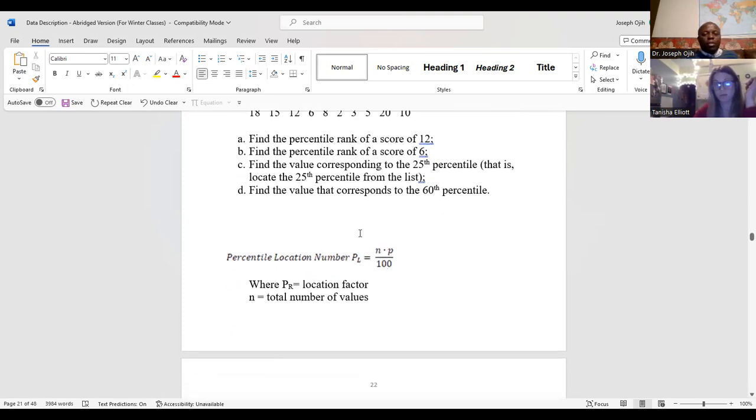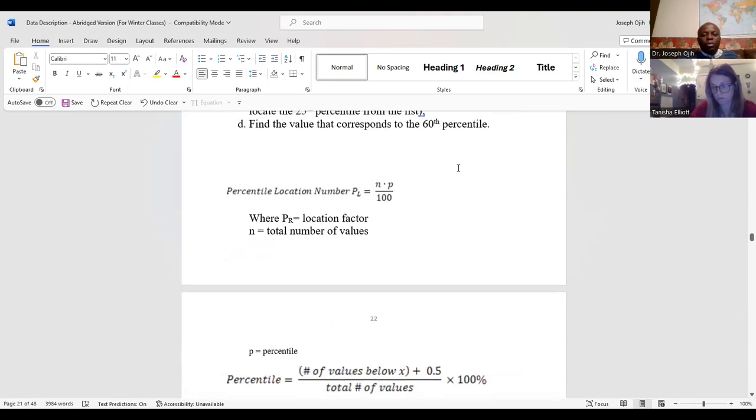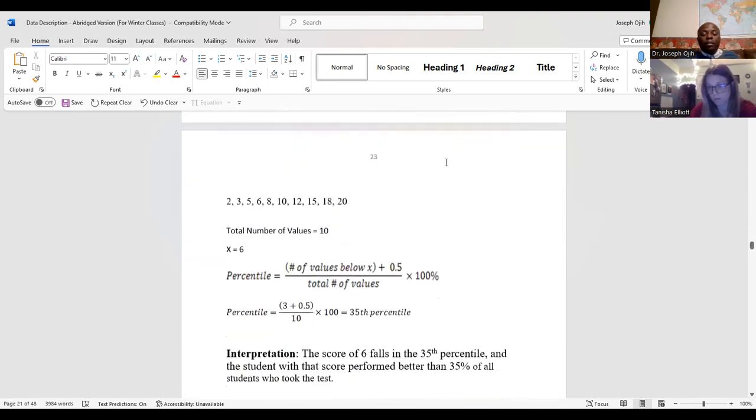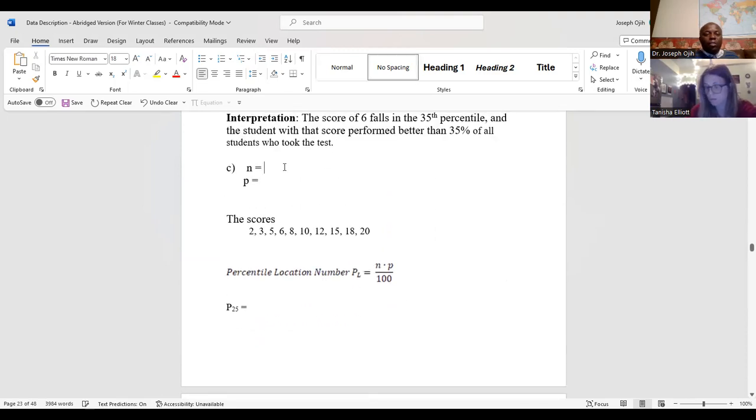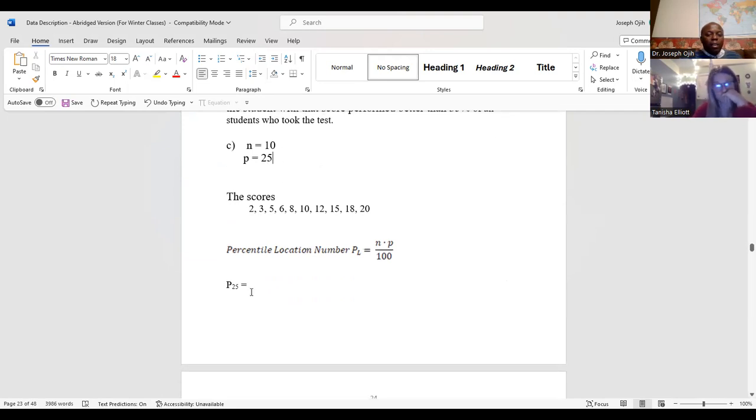N times P over 100. For example, this one says find the value that corresponds to the 25th percentile. So in that case, again, put them in order. Always put them in order first. There are 10 numbers, and they asked to find the 25th percentile, so P is 25.